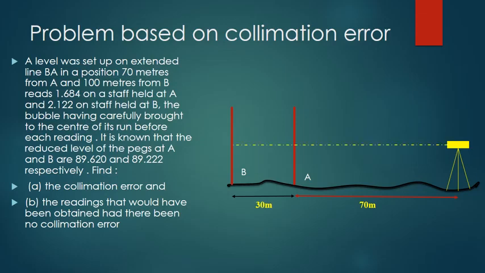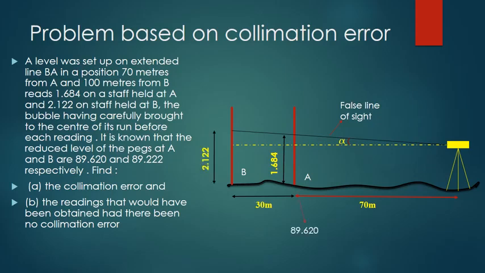This is our line of sight. Now due to some collimation error we will have a false line of sight, something like this. We haven't yet determined whether it is inclined upward or downward. However, let us assume that the false line of sight is inclined upward, making an angle alpha. The staff reading at A is 1.684 and at B is 2.122.